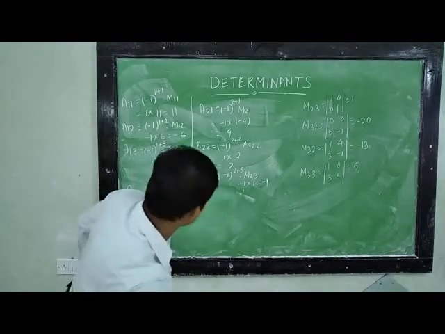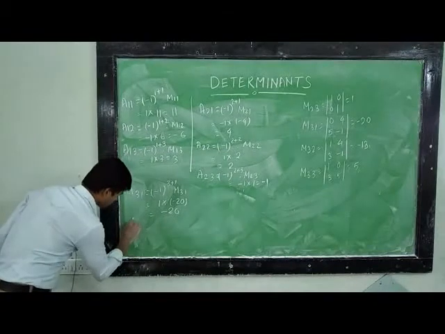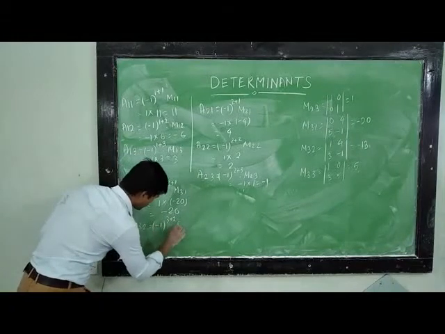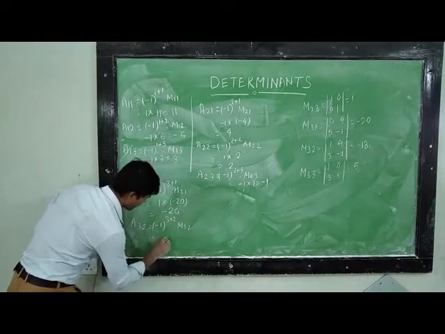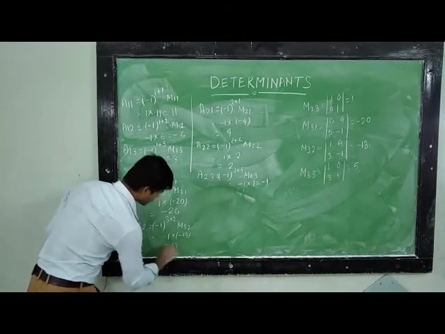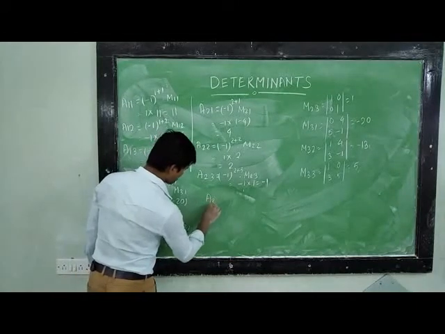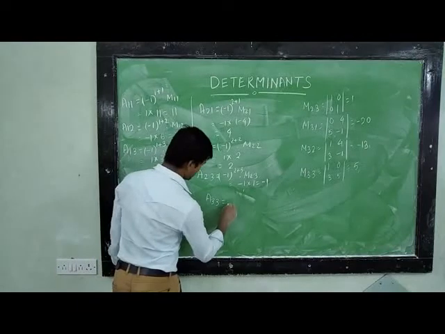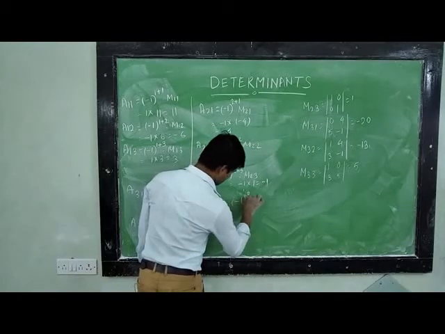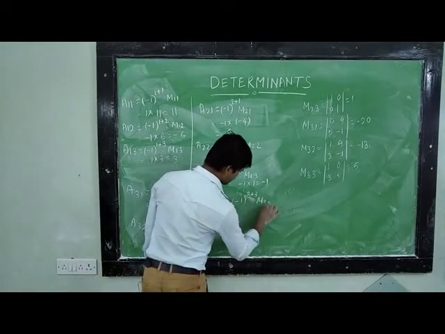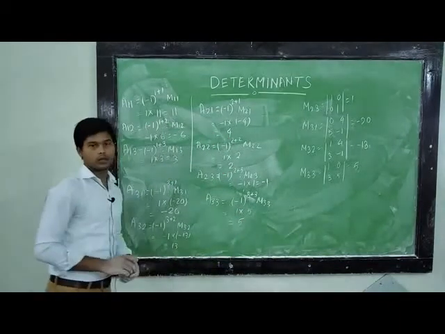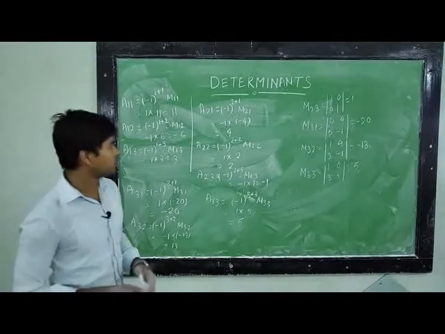And A32, that is minus 1 whole to the power 3 plus 2 into M32, so that is minus 1 into M32, equal to minus 13, so that is equal to 13. And the last element A33, that is the cofactor of the element A33, 3 plus 3 into M33, so that is 1 into 5, so that is equal to 5. So this is the procedure to calculate the minors and cofactors of a determinant.